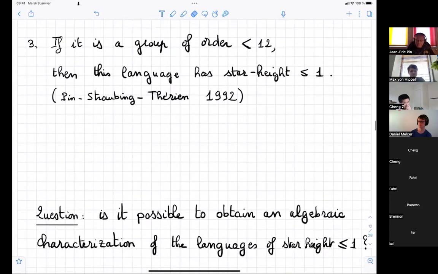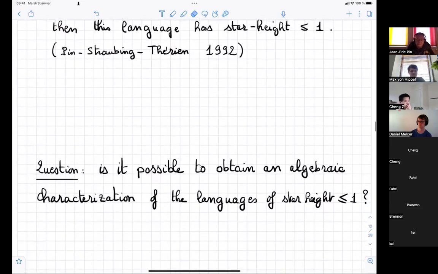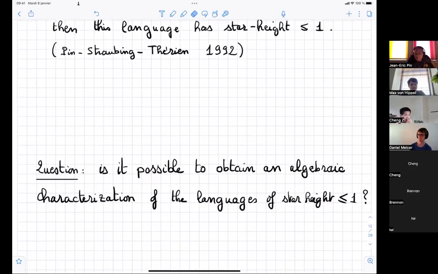But the next question is, well, okay, is it possible to obtain an algebraic characterization of the languages of star height smaller than 1? We have seen Schützenberger's theorem is very nice. We have an algebraic characterization for the star-free languages.